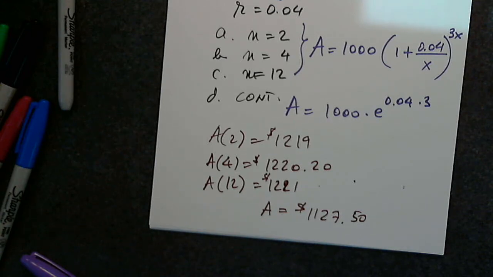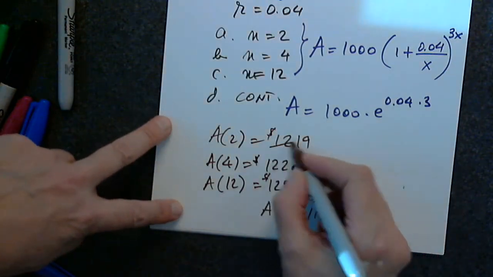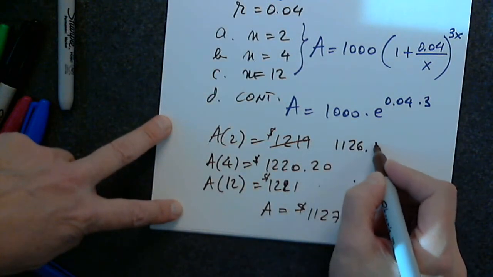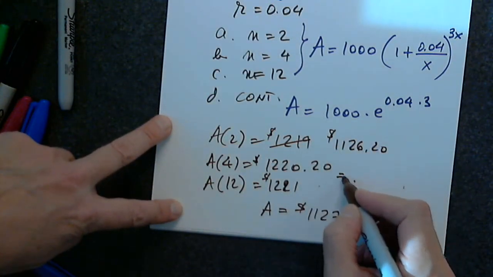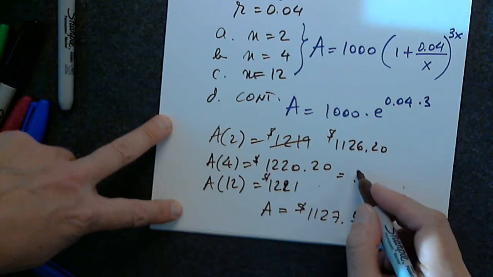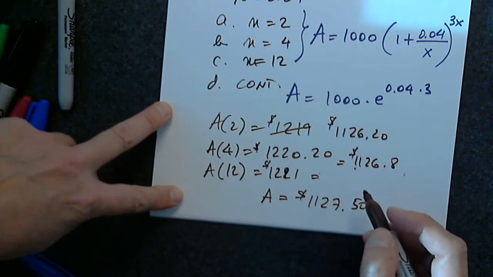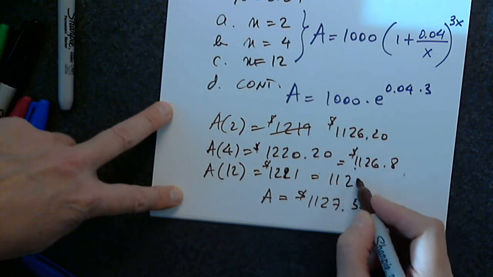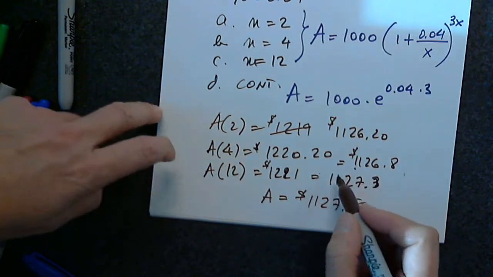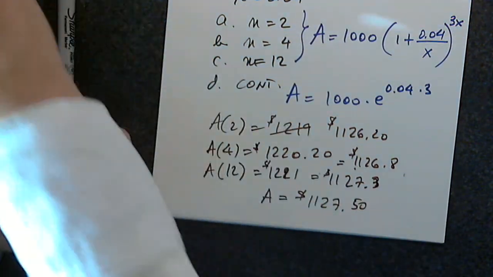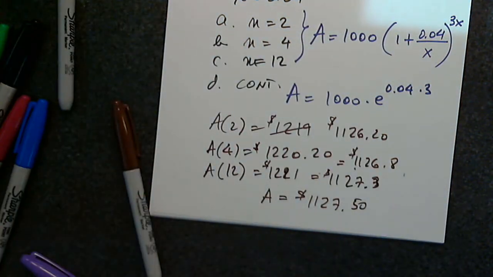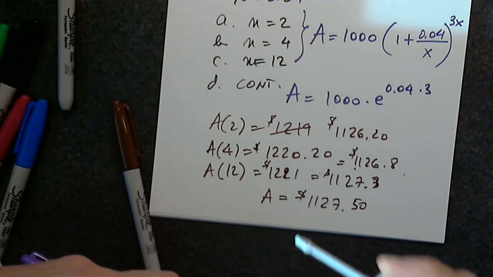So it's 1126.20, 1126.20, 1126.8, and 1127.3. My apologies. Well, I like 5 more than 3, so no, it's no excuse, sorry.